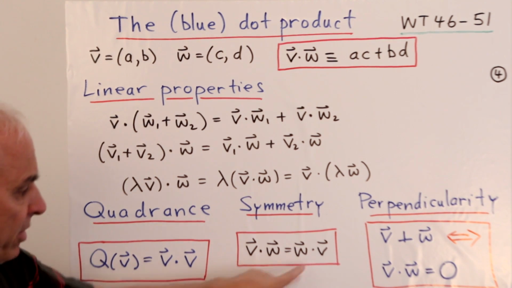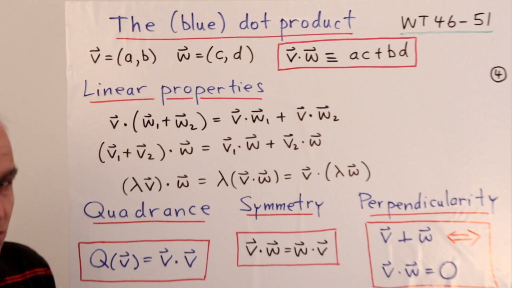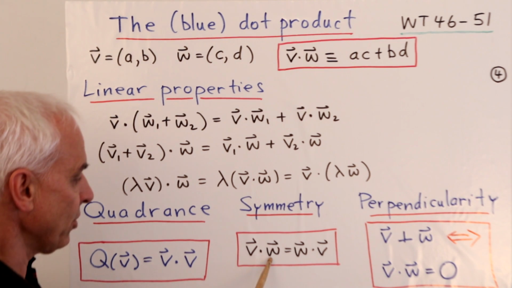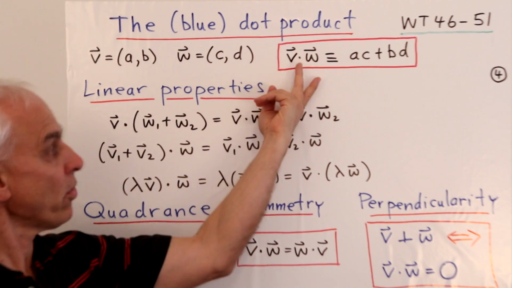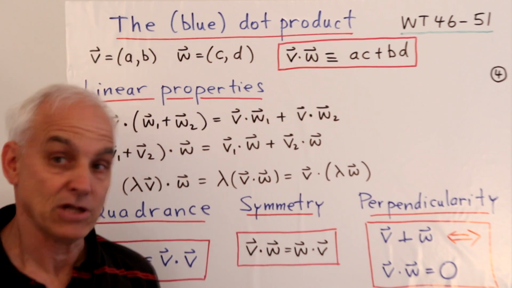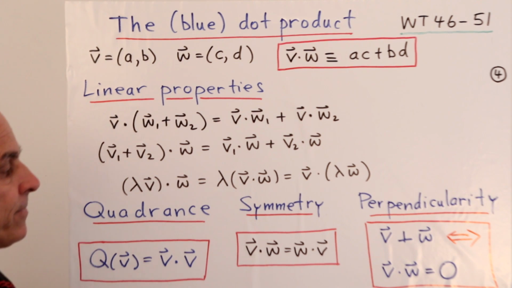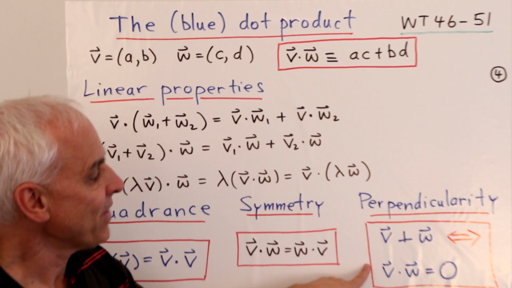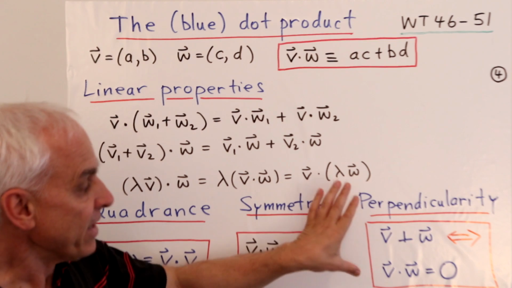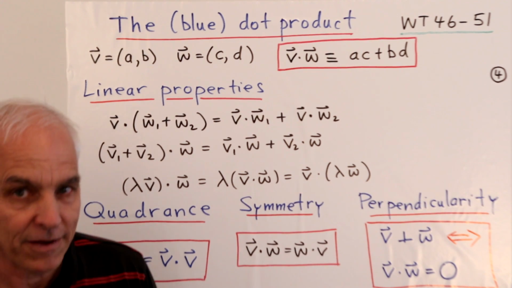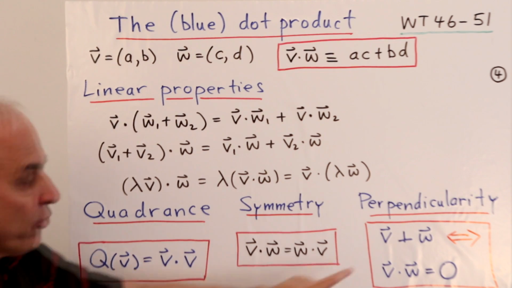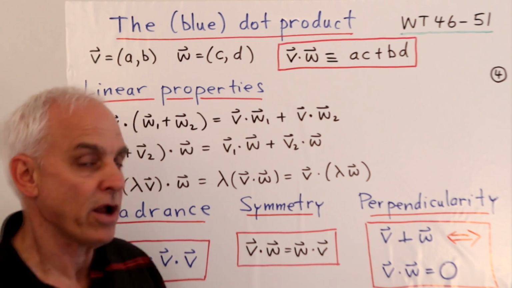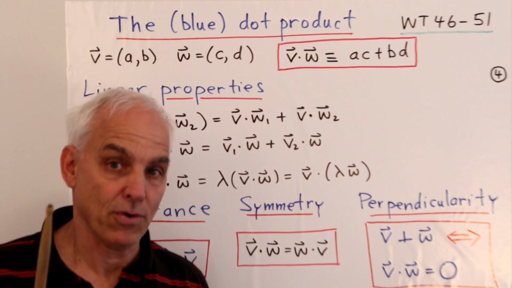Another very important property of the dot product is that it's symmetric, that v dot w equals w dot v. You change the order, the dot product does not change. And a little bit more subtle, this property or connection with perpendicularity, that two vectors are perpendicular precisely when their dot product is 0.